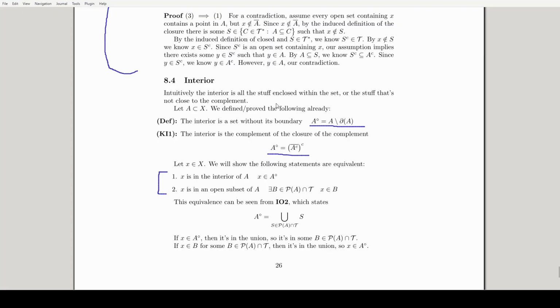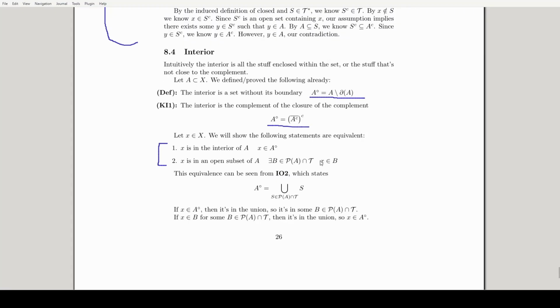Those are two different ways to write the interior. And then X is in the interior if there is some open subset of A containing X. Since the interior is the biggest open set containing X, if there's an open subset containing X, the interior is bigger than that, so it also contains X, and X is in the interior.